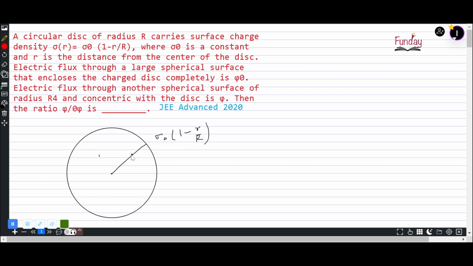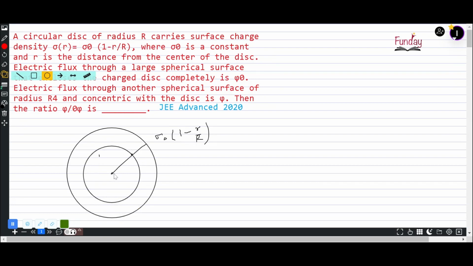So let's say there is another circle at this r radius.